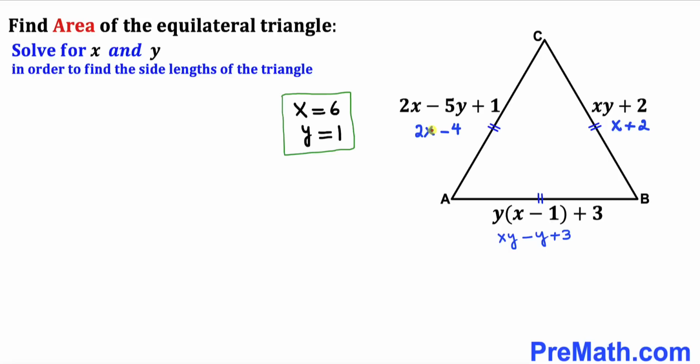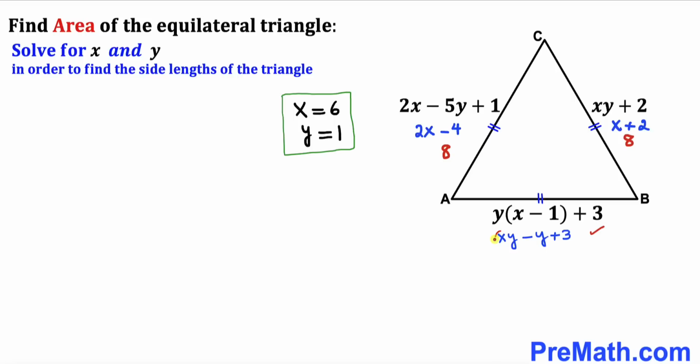And now let's replace this x value by 6. So this expression could be written as 2 times 6 minus 4, which is the same as 12 minus 4, meaning 8 units. So this side length AC turns out to be 8 units. And likewise, if we replace this x by 6, that gives us 8 units as well. And finally, let's focus on this side length AB.